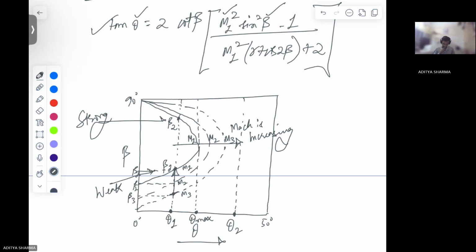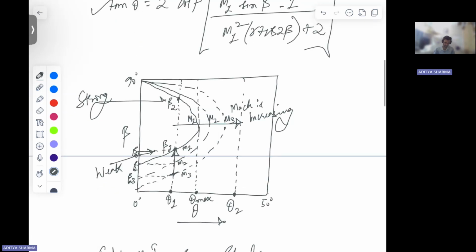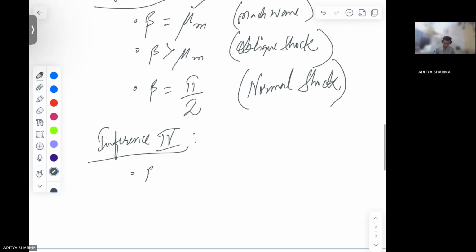Because we have already written beta 1 here, maybe you can say beta A1, beta A2, beta A3, some notation you can give. So what do you see here? Your beta A1 is greater than beta A2, which is greater than beta A3.